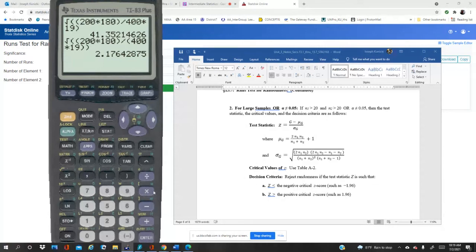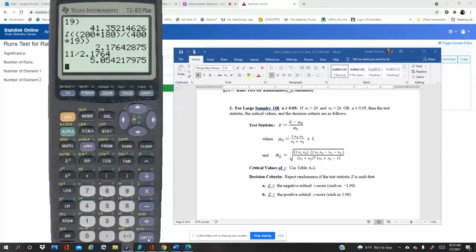So now I calculated 11, that's mu, divided by sigma G, which is 2.1764. So you can see that's the z. The z is 5.054, and five standard deviations to the right of the mean, there's 0 probability.